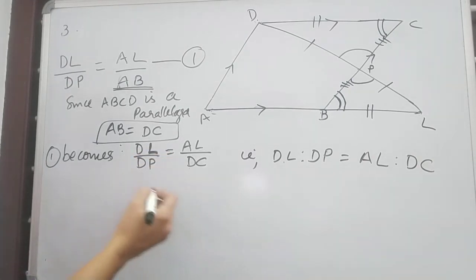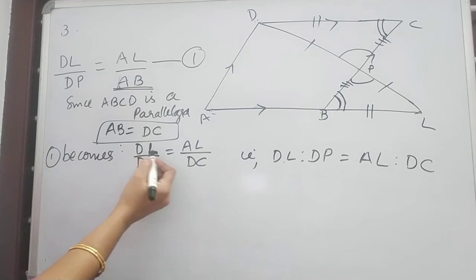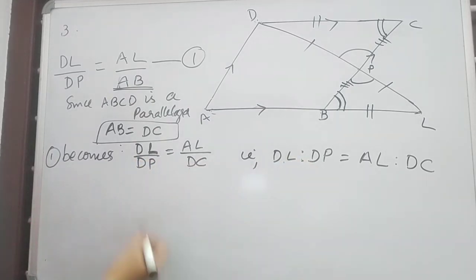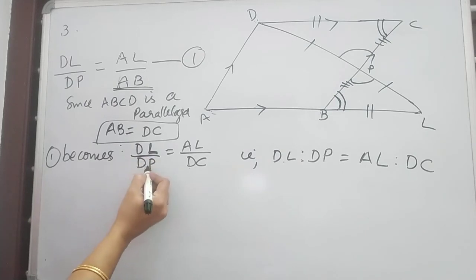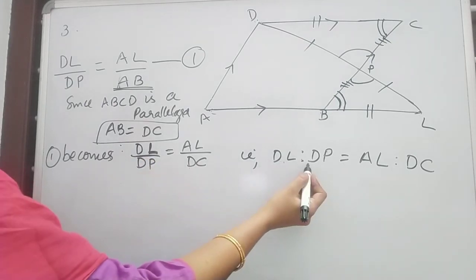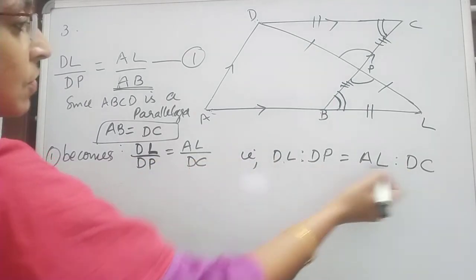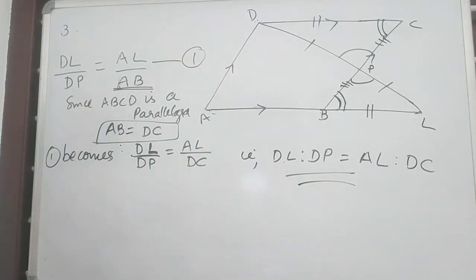Simply we can write it in ratio form, not multiplication form. DL divided by DP means DL is to DP is equal to AL is to DC. That is our second part. Thank you.